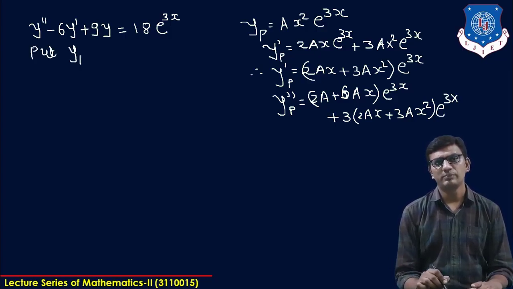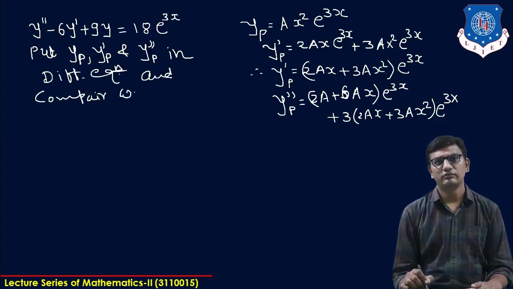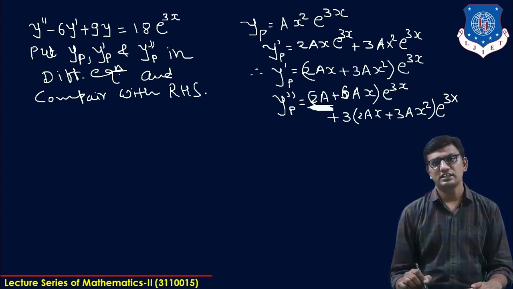Put yp, yp dash, yp double dash in the differential equation and compare with R(x). But here we have only 18 e^(3x). We don't have x e^(3x) and x² e^(3x) on the right hand side.